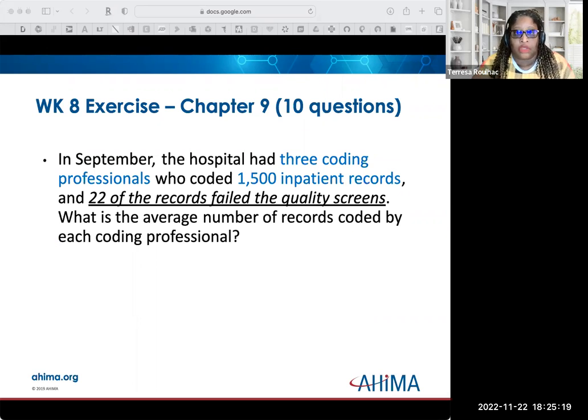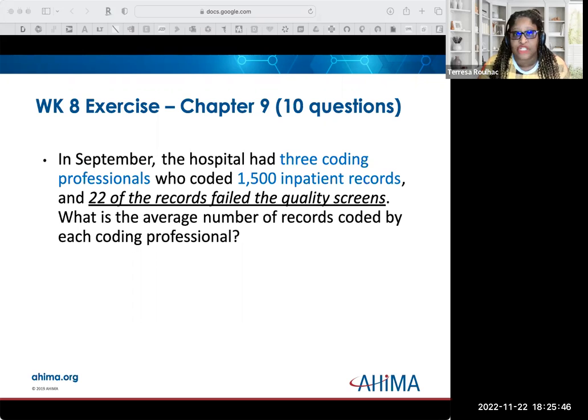Now, you also have another exercise where you have your questions and you're figuring out, in this case, the average number of records coded by each coding professional, kind of like the example we did in the live session. In September, the hospital had 3 coding professionals who coded 1,500 inpatient records and 22 of the records failed the quality screens.